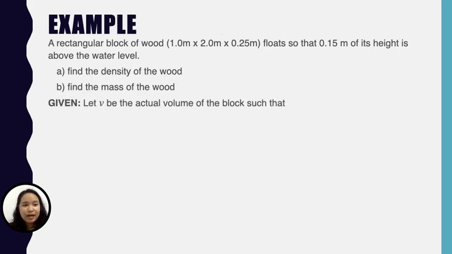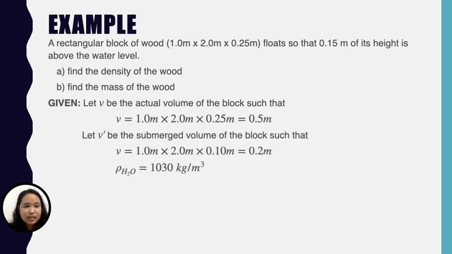First, we have to list the given. Let V be the actual volume of the block, such that V is equal to its dimensions multiplied together, which is equal to 0.5 meters.